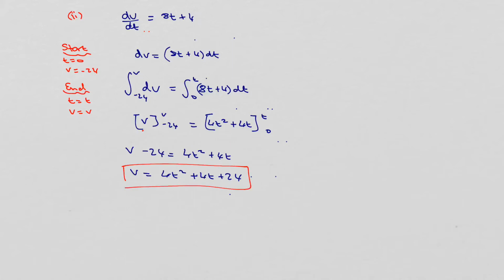Okay, so now we're going to use this to integrate with respect to displacement and time. So if I start with that equation, we have v is equal to 4t squared plus 4t minus 24.